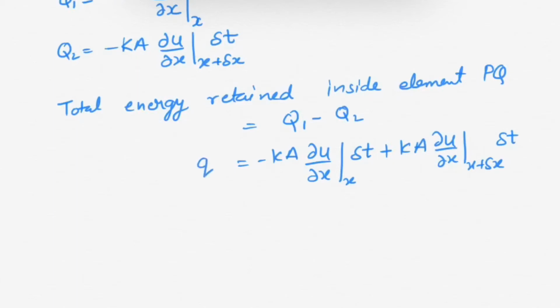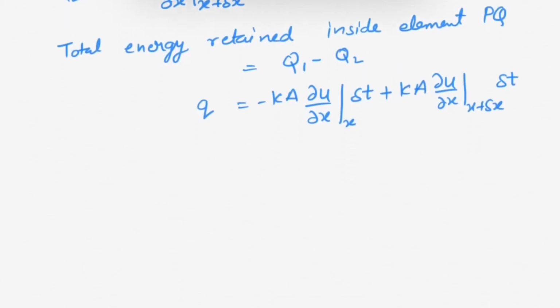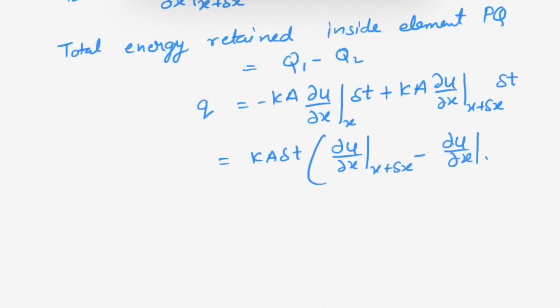Suppose this is small q. Now taking common K A delta T, we have K A delta T, and inside the bracket we have del U over del X at point X plus delta X minus del U over del X at point X.